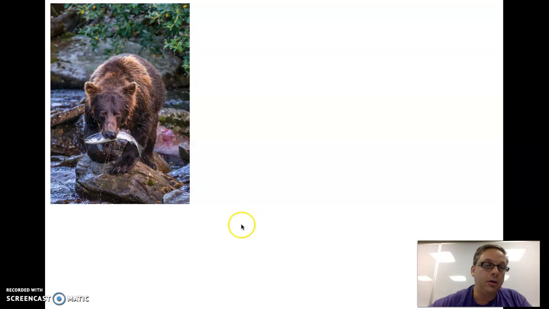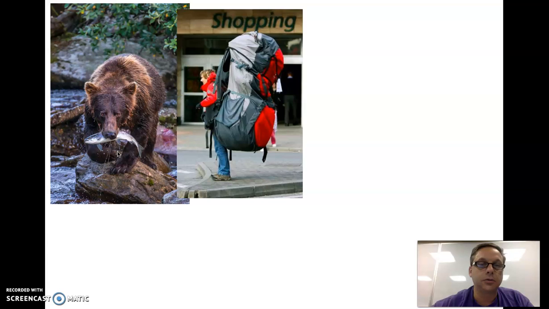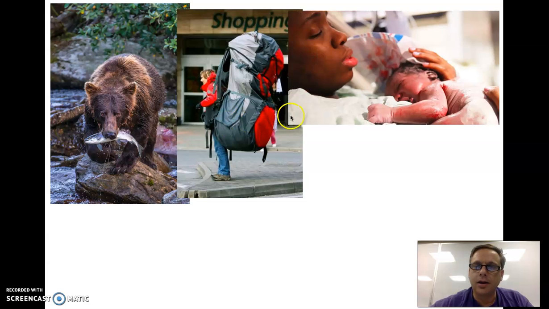Here's a guy. Looks like he caught a fish. And it looks like a man here with a very large hiking pack. Looks heavy, too heavy to carry. And here we have a woman who has given birth.